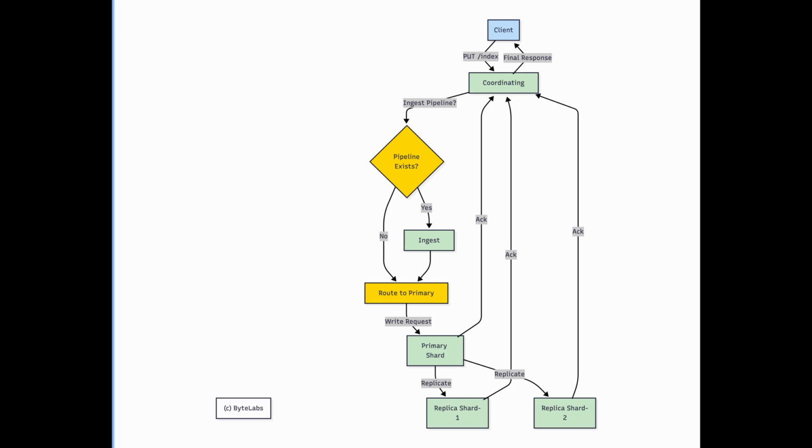The write path goes like this: the coordinating node receives the write request, figures out which primary shard owns the document, and sends the request to that primary shard. Then the primary writes the data onto itself, and meanwhile replicas copy the data. An acknowledgement is sent back to the coordinating node and then to the client.